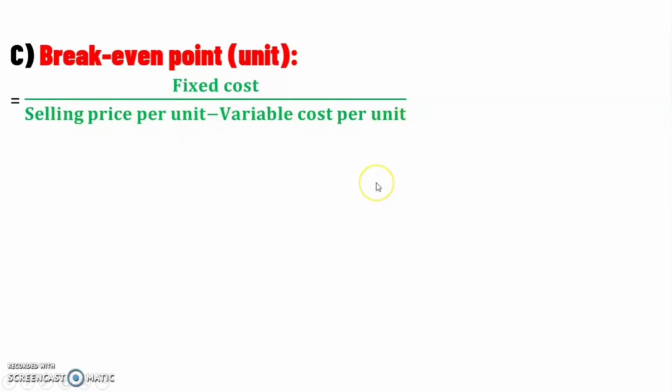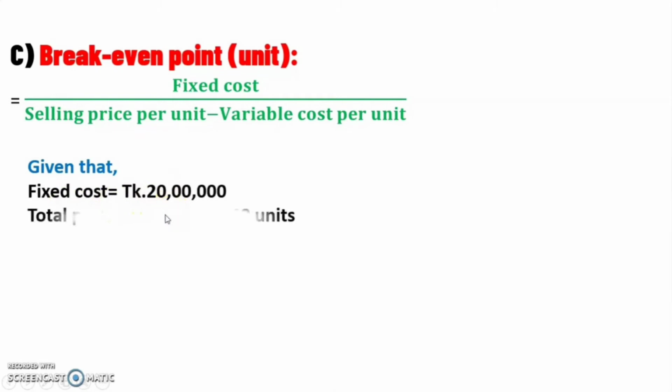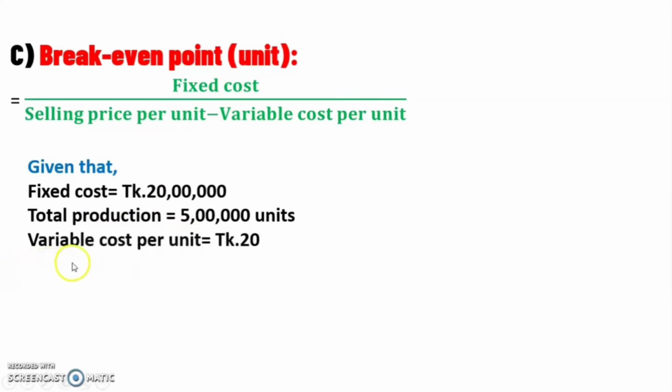Dear students, when you find the break-even point, you need the fixed cost, selling price per unit, and variable cost per unit. So, given that fixed cost is taka 20 lakhs, total product is 5 lakhs, variable cost per unit is 20 taka, and selling price per unit is missing.